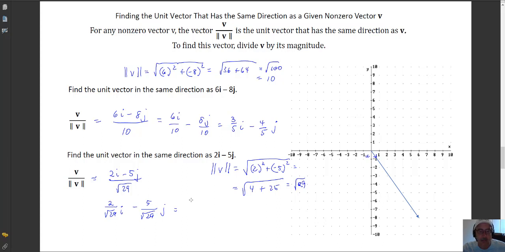So they'll probably write the answer as 2 times the square root of 29 over 29 i minus 5 times the square root of 29 over 29 j. So definitely, usually this is a test favorite question, to find the unit vector. So make sure that you practice enough of these, and I think you'll be okay.